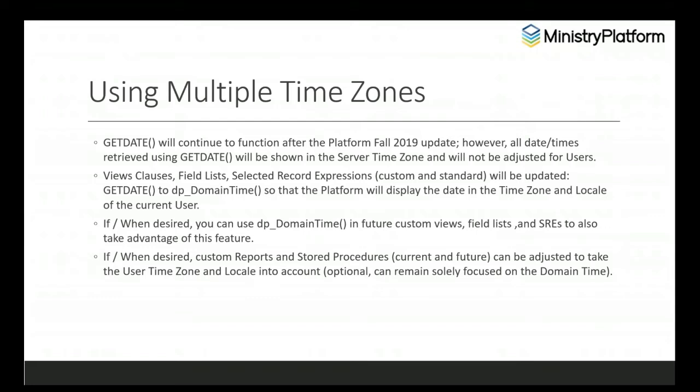Those can all be pulled together so that if you wanted to create a new view, a new selected record expression, or a new view clause that you wanted to share with somebody who is doing time zones, you could use those tokens and take all of that into account.